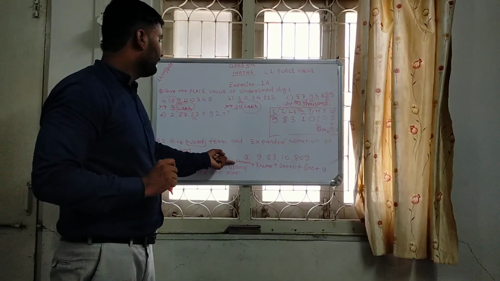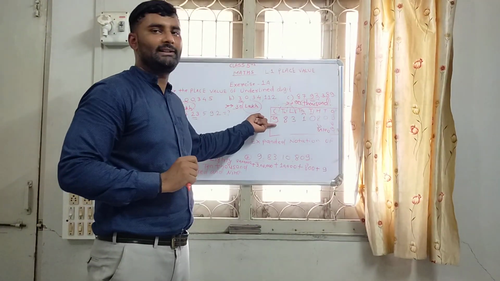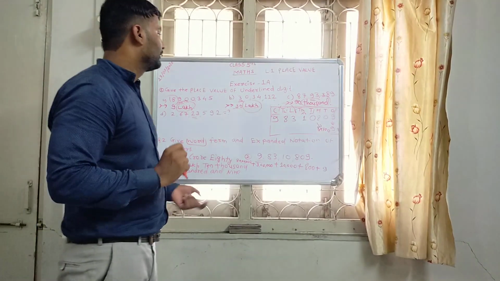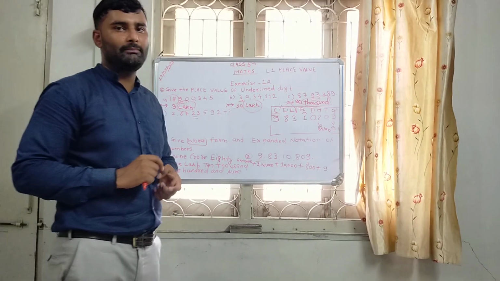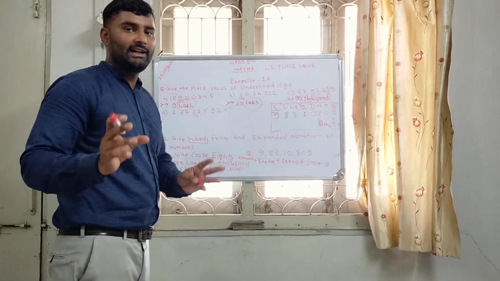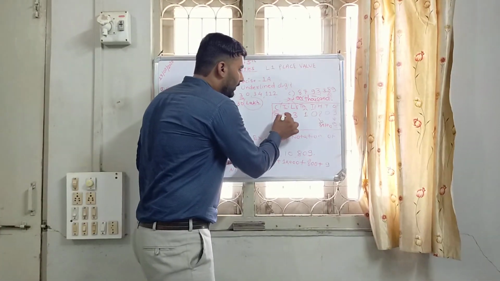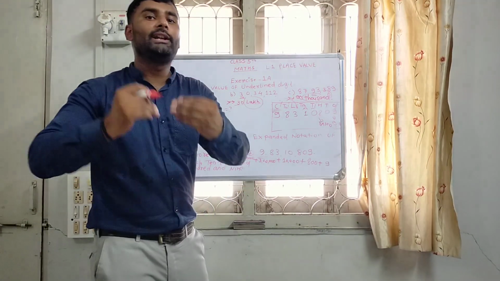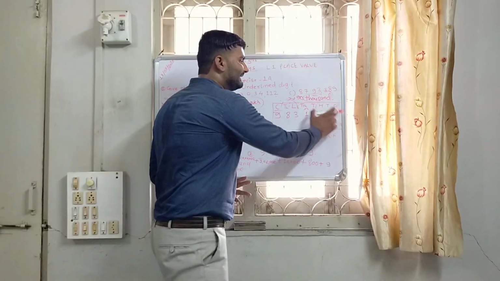Okay. Now our last term is 9 and 9 is present in the column of crore. So just multiply 9 into crore. That means 9 crore. Okay. If you don't get the crore term, you can write all the digits by putting 0 there. 1, 2, 3, 4, 5, 6, 7.